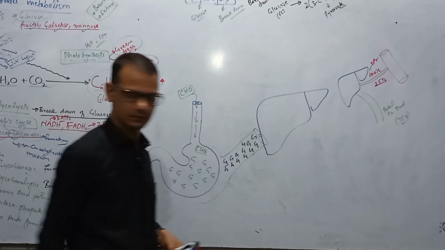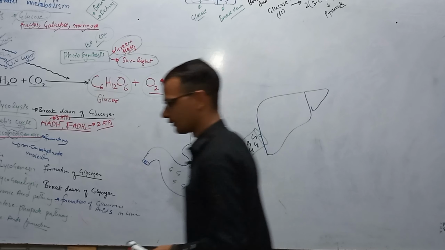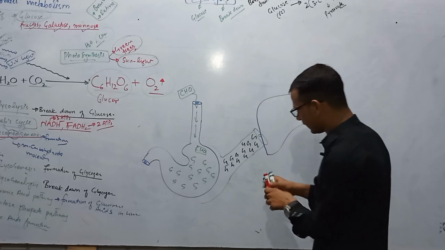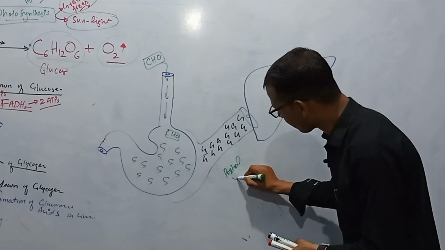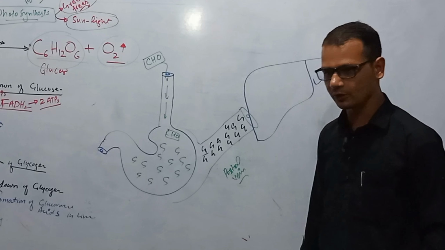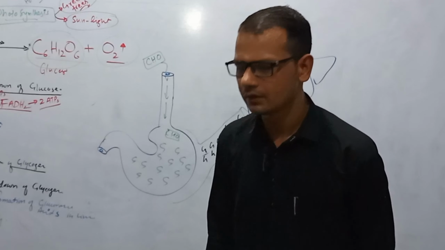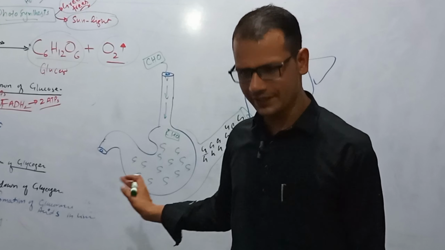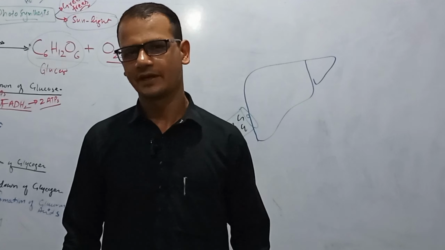What is the unit? mg per dl. So for example, this is the portal vein, the hepatic portal vein. What is the other portal system in our body? There are two portal systems in the body. One is the hepatic portal system, the second is, anyone?